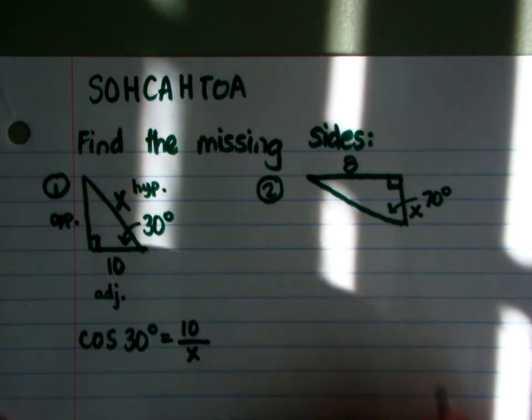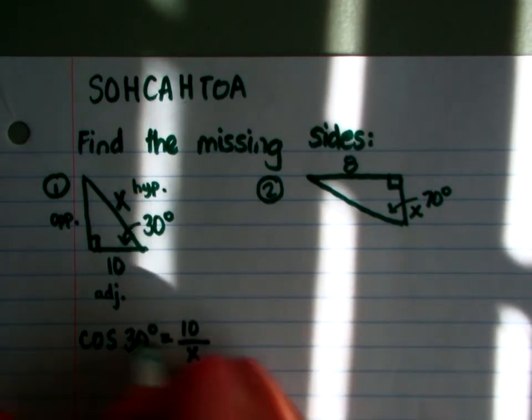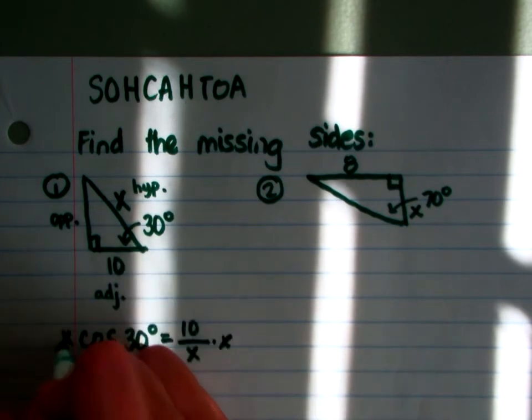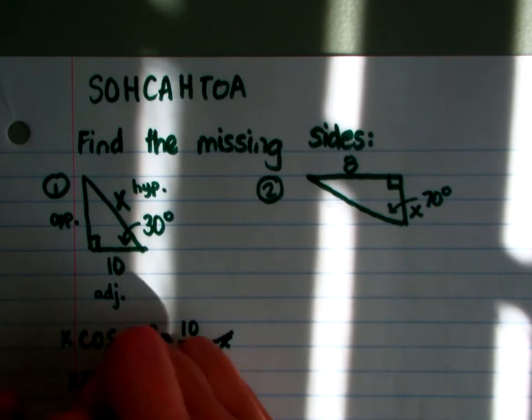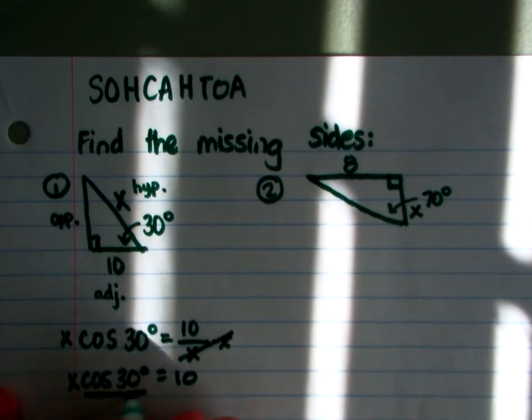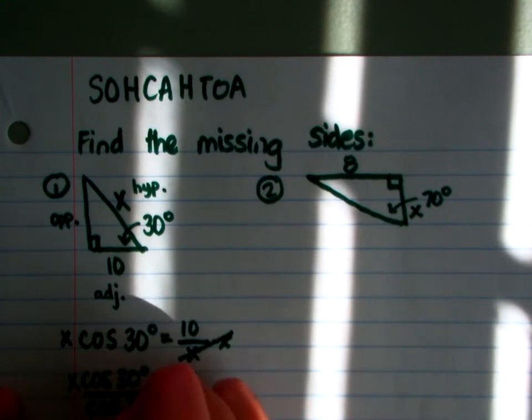Now you can set this up by either cross-multiplying, or you can solve by multiplying both sides by x so that these cancel. Then you have x cosine of 30 degrees is equal to 10. To get x by itself, we'll divide both sides by cosine of 30 degrees.